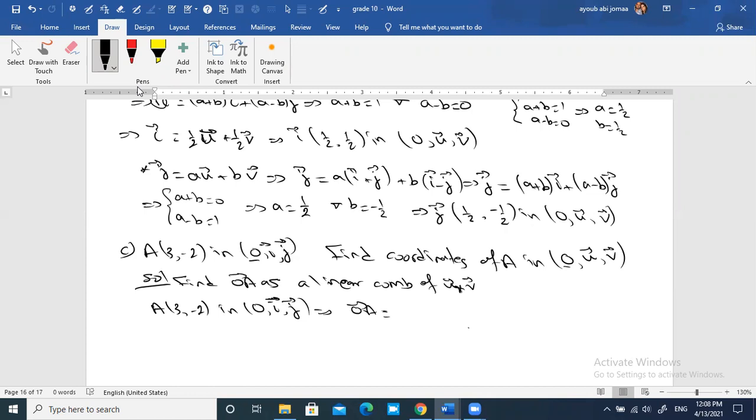Or how to write OA in terms of I and J? It's 3I and negative 2J, so 3I minus 2J. Okay. Didn't we find I and J in terms of U and V from the previous part? Yes.